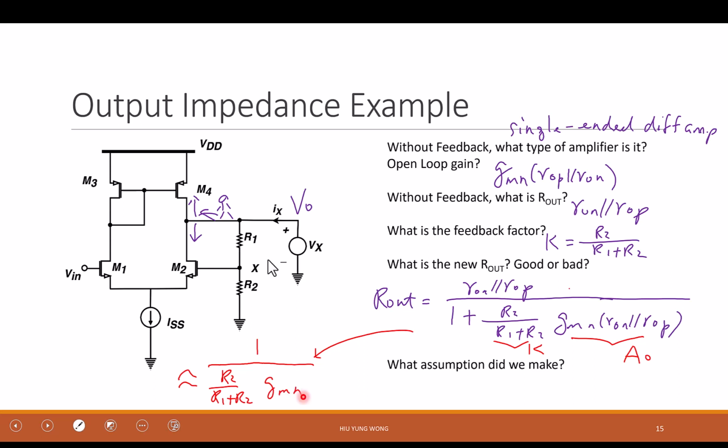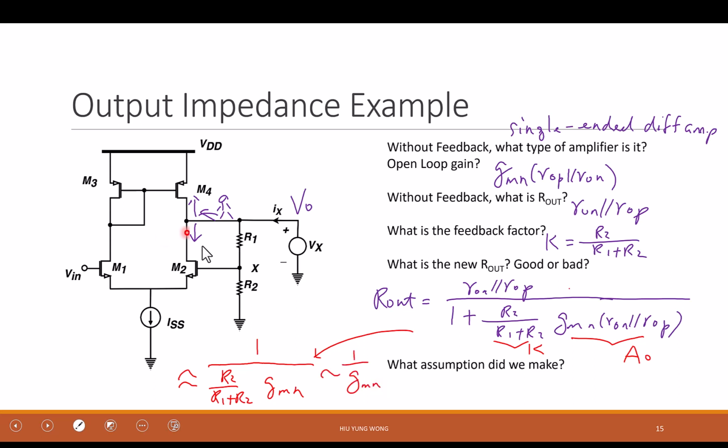But R1 and R2 cannot be too different. Maybe 200 kilo ohm, 500 kilo ohm, only a few times, right? So this one supposed to be very large, now is only 1 over GM, divided by a large number or a small number, whatever. So this is still in the order of 1 over GM.